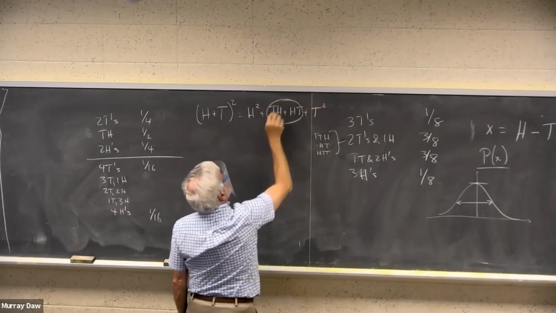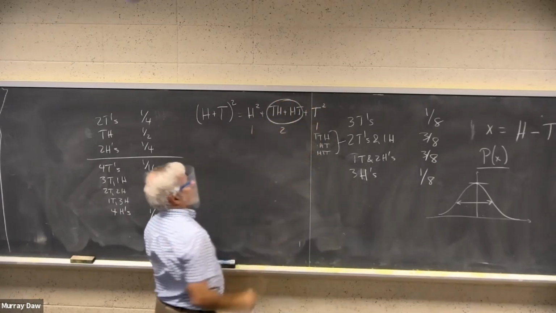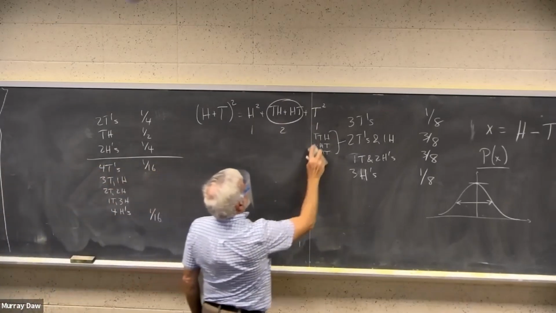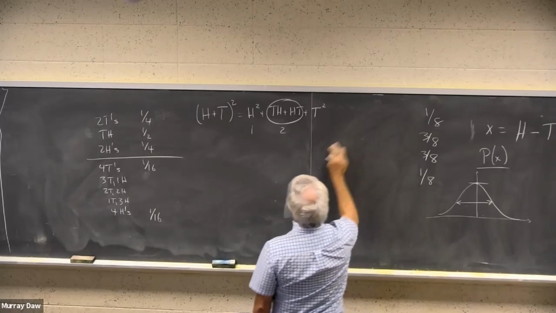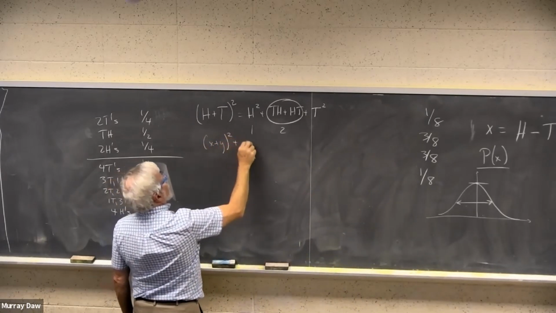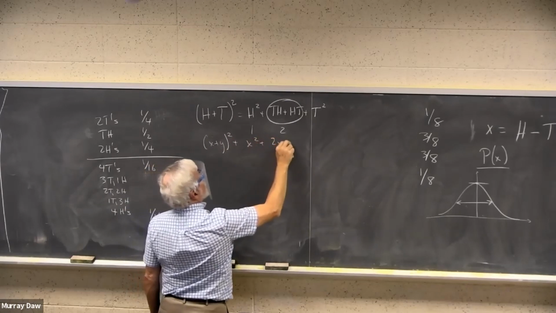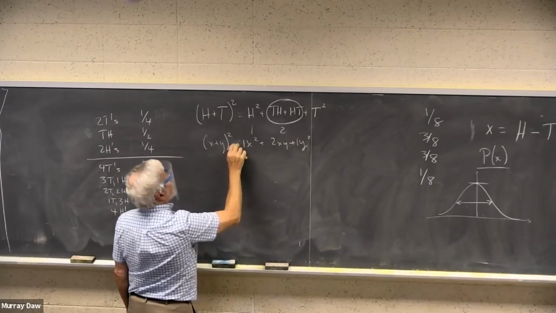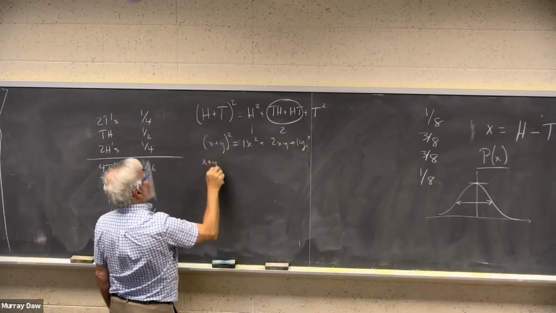Grouping these together, this is 1, 2, and 1. That's the binomial: x plus y squared is x squared plus 2xy plus y squared. 1, 2, and 1.